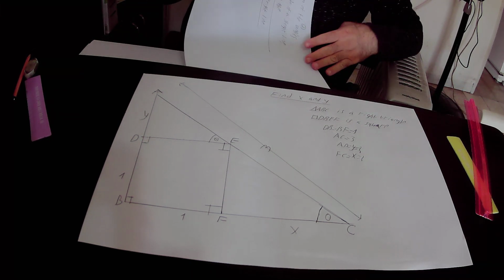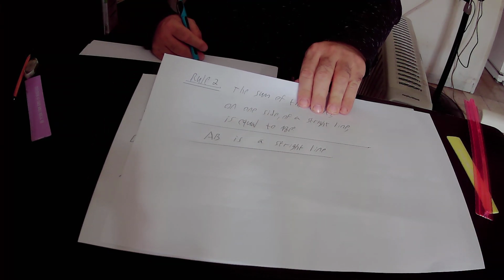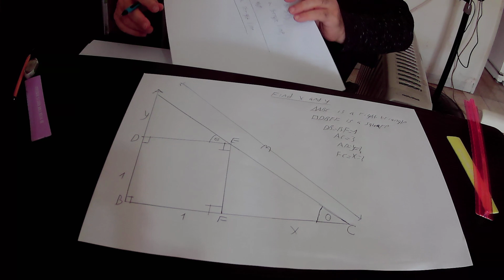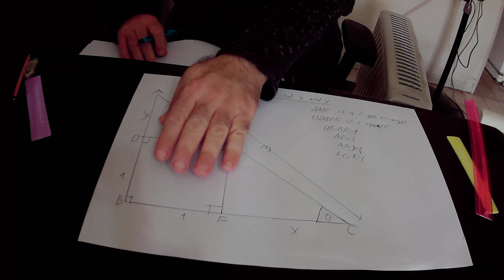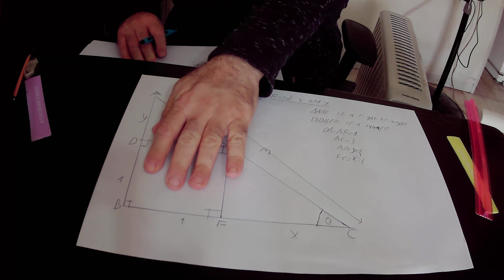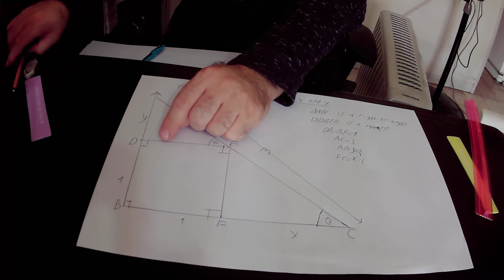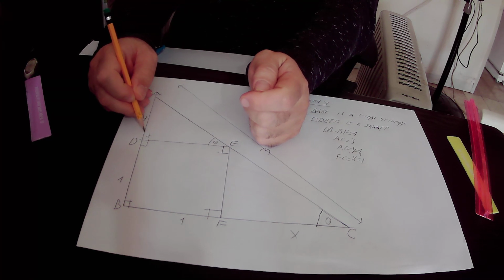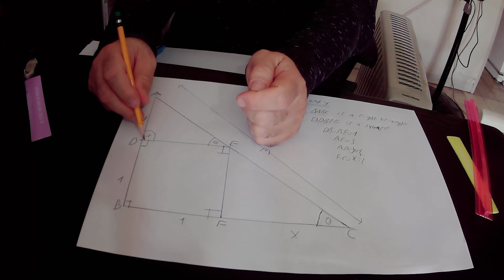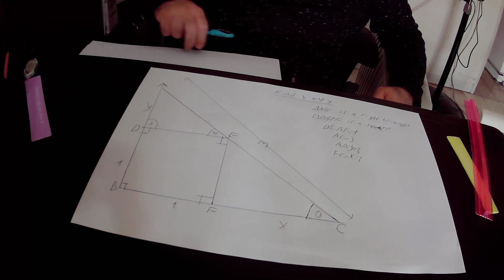Therefore, according to rule number 2, if we focus on this side of the straight line AB at point D, then the sum of the angles must be equal to 180 degrees. So if we define angle ADE as x, then we get that x plus 90 degrees must be equal to 180 degrees according to rule number 2.